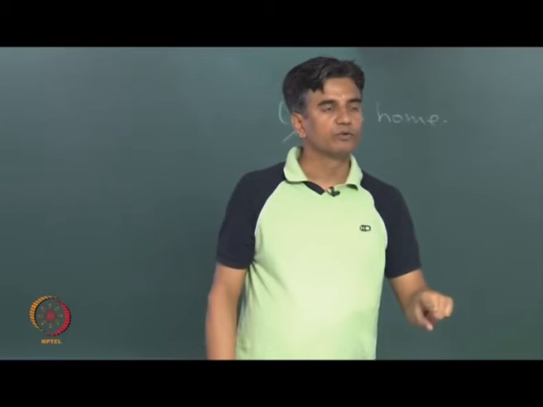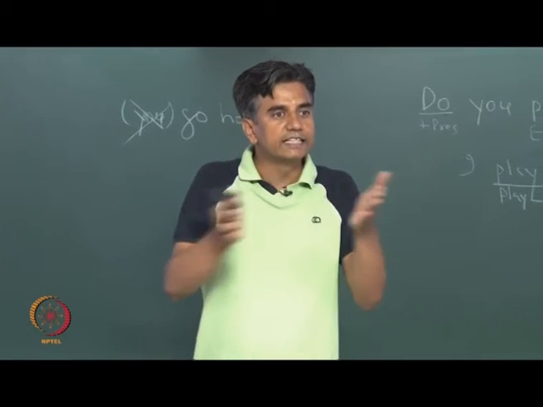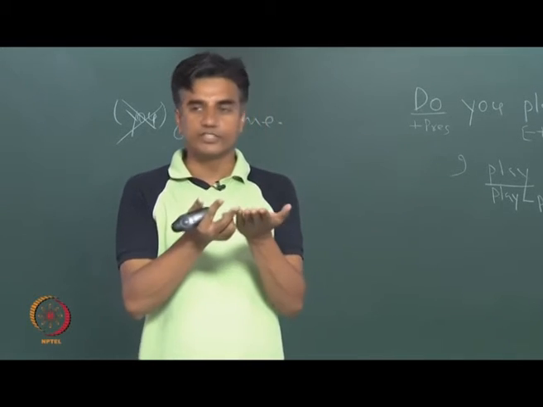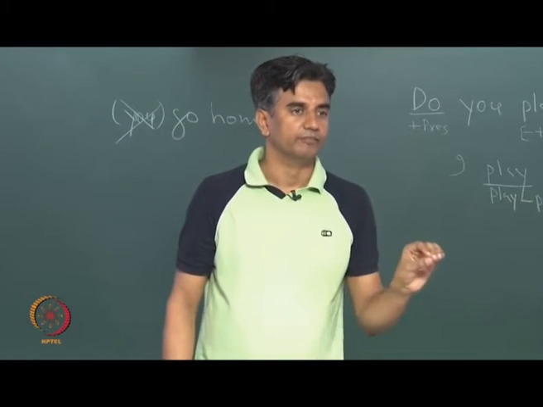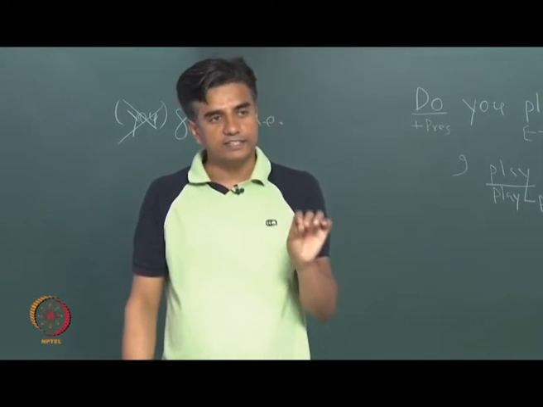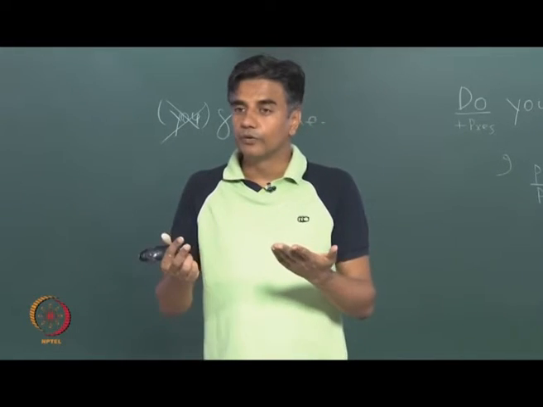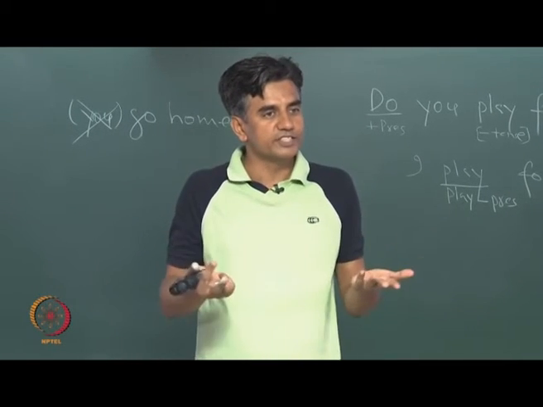When we drop it, what's the problem? The problem is then the sentence is looking like a declarative sentence. I have a question, kya tum football khelte ho? And I am forced to drop the word kya. Then I am left with the sentence, tum football khelte ho. Now, it's not clear whether it's a declarative sentence or a question sentence.